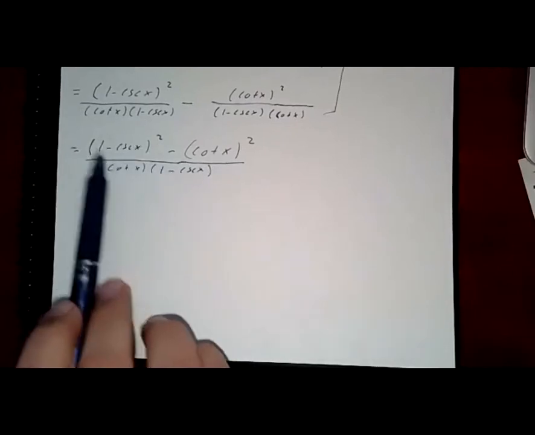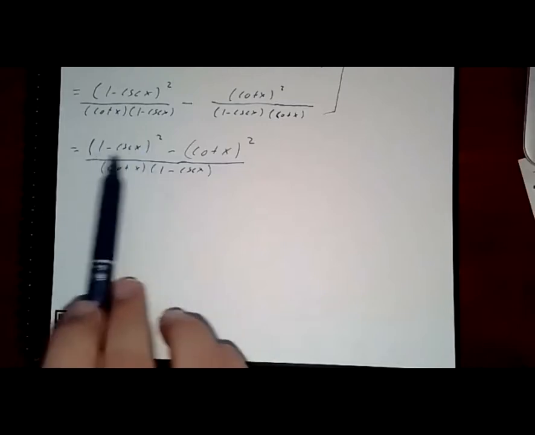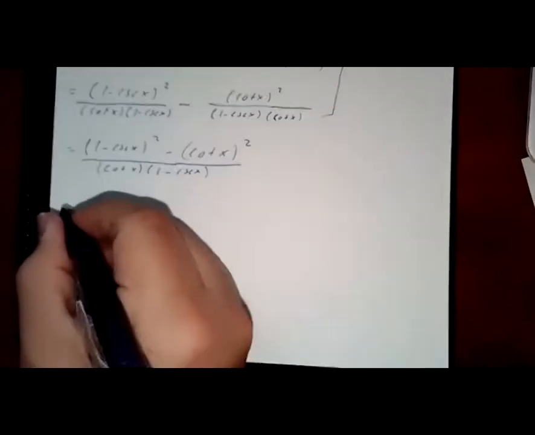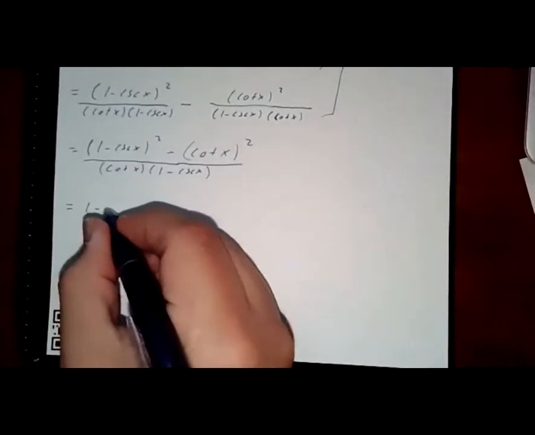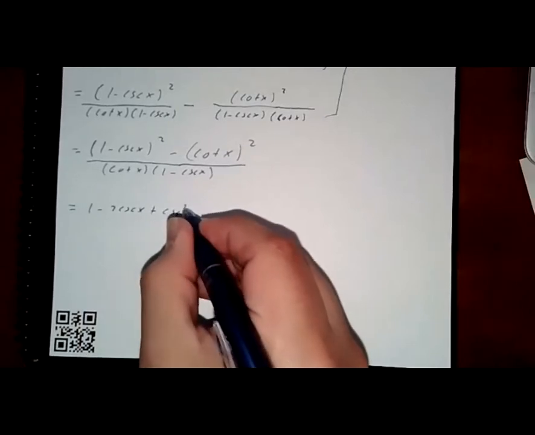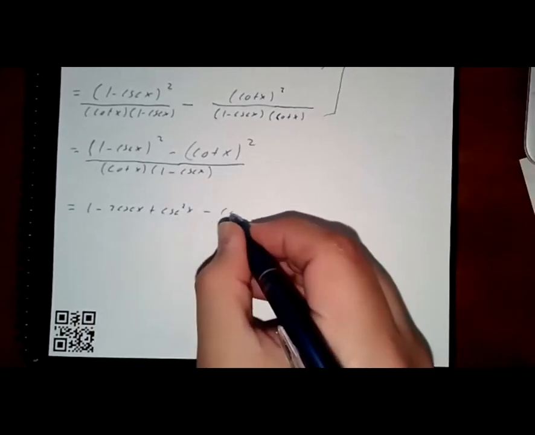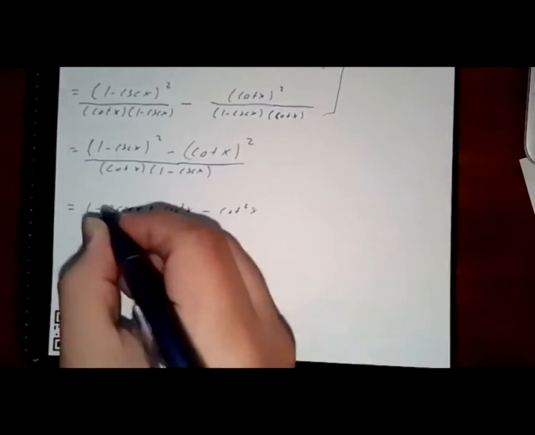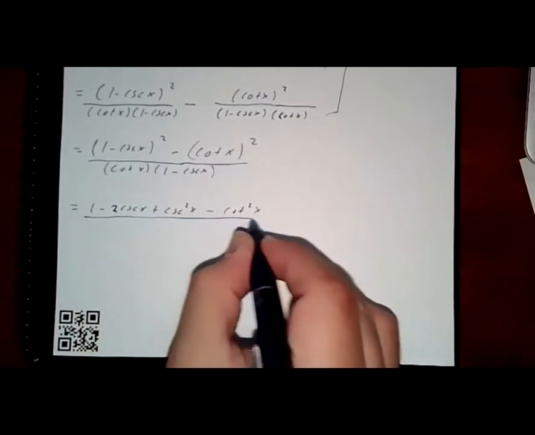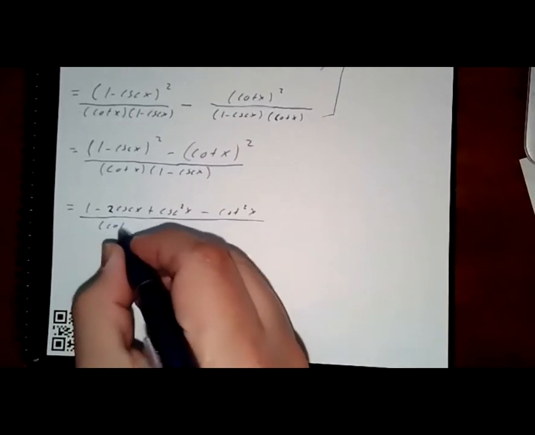So now we have to distribute this or multiply it out, or FOIL, however you want to think about it. So this would be 1 minus 2 cosecant x plus cosecant squared x minus cotangent squared x. That's on top. Bottom is the same stuff.